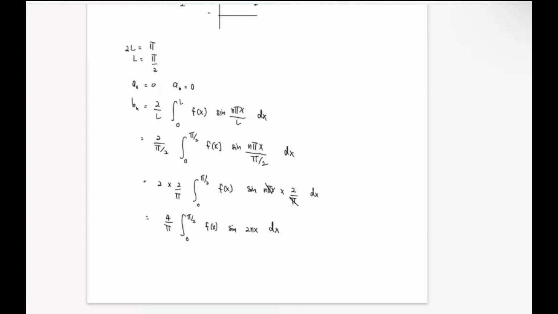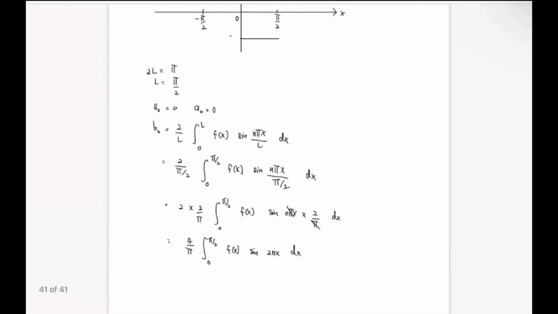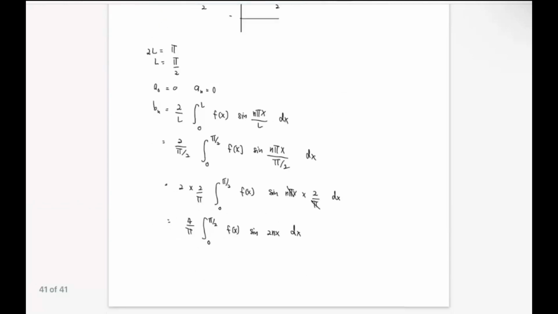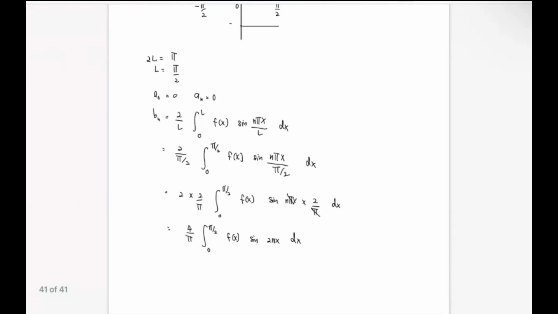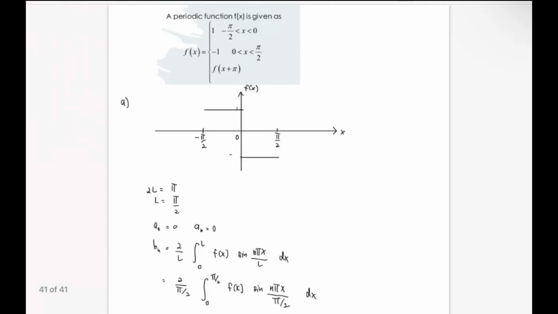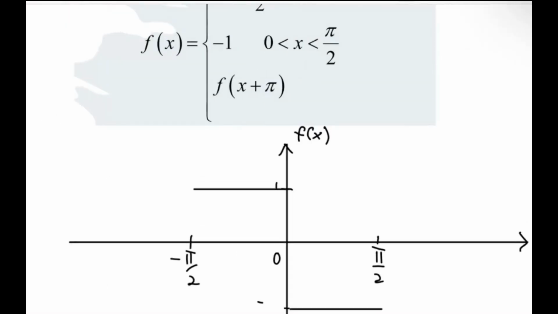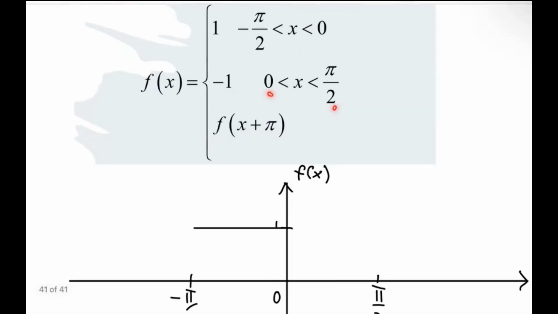Okay. Next, substitute f(x). We are going to integrate from 0 to pi over 2. Look at the graph. From 0 to pi over 2, f(x) is negative 1.